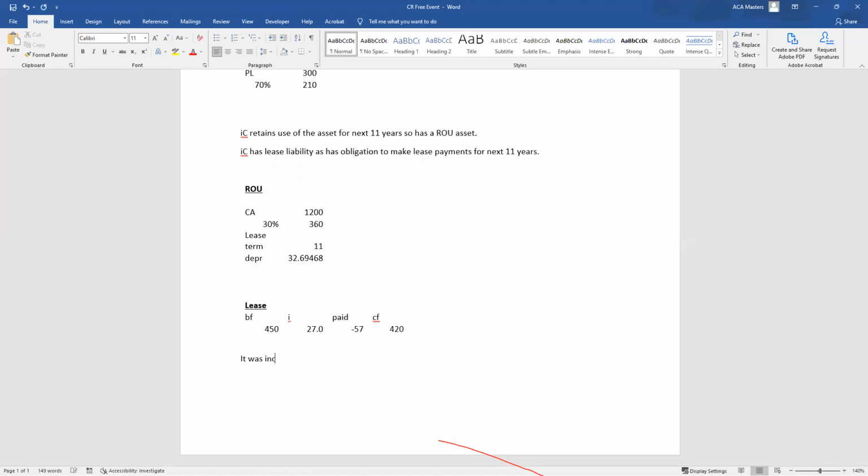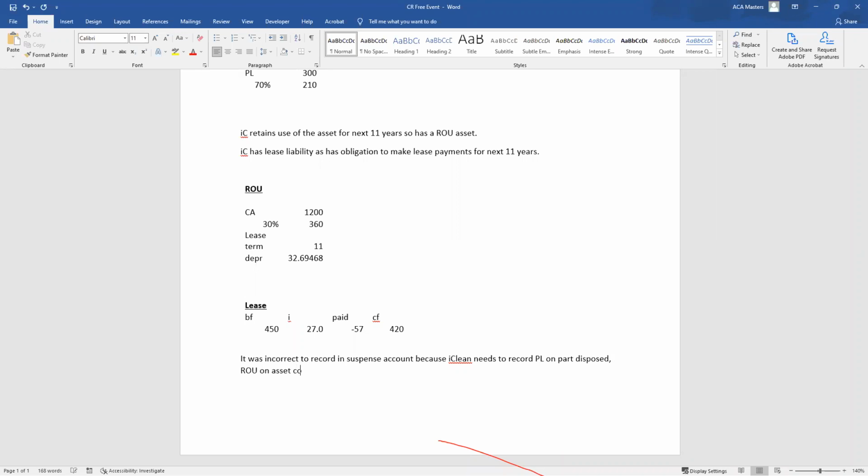it was incorrect to record in suspense account because IFRS 16 requires them to record the profit or loss on the part disposed, and a right of use asset for the asset controlled.